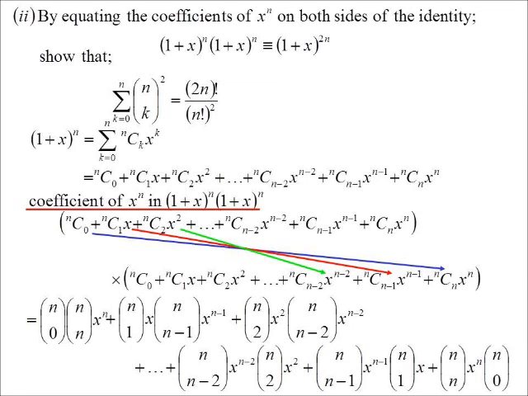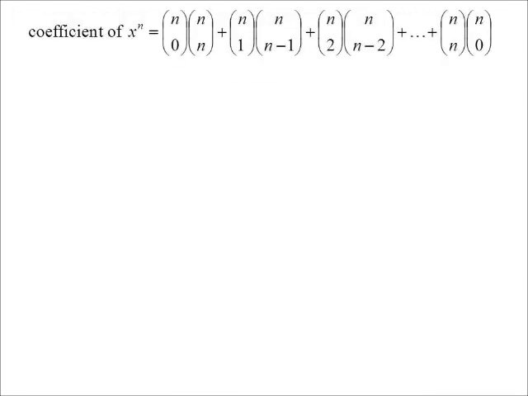Okay. So looking at the coefficient, let's not worry about the x to the power of n, we're only interested in the coefficient. I've got nC0 times nCn, nC1 times nC(n minus 1), nC2 times nC(n minus 2), and so on and so on until I get to nCn times nC0. But we know Pascal's triangle is symmetric.